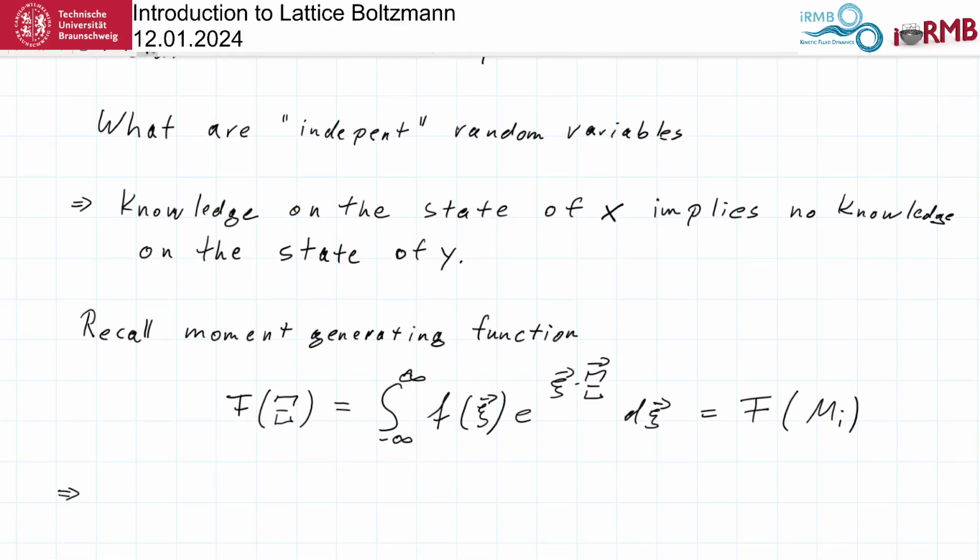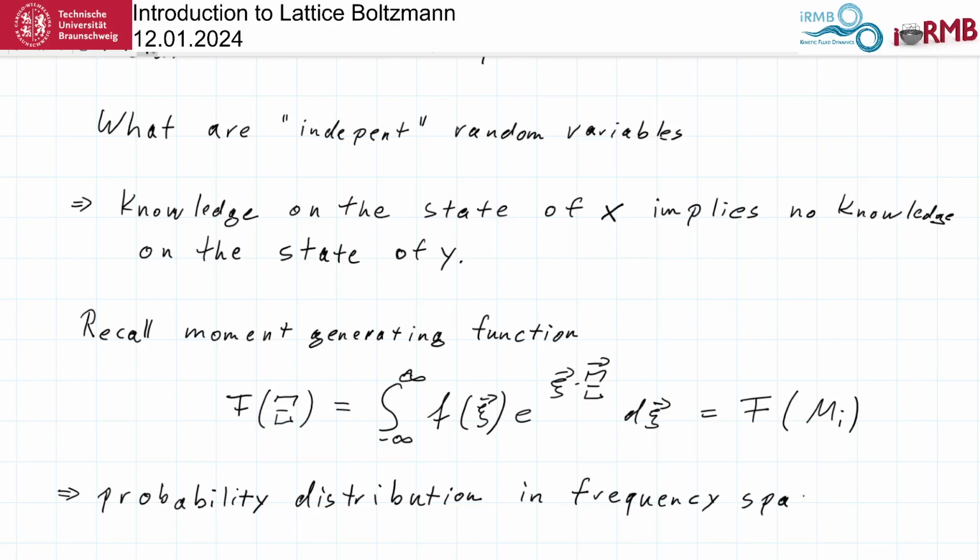This is the capital F, the probability distribution now in velocity frequency space. It's difficult to imagine what this is, so it's the Fourier transform of the velocity.